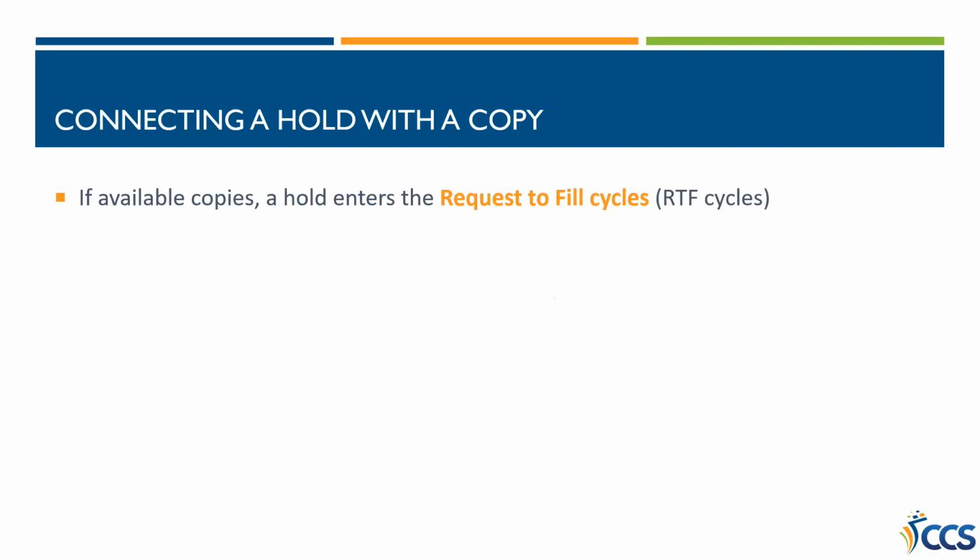When a hold is placed and Polaris sees that there are available copies in the system, the hold is going to enter what is called request to fill cycles. Shorthand, they're known as RTF cycles. So you likely have encountered this term already if you've ever looked at a hold request history tab.